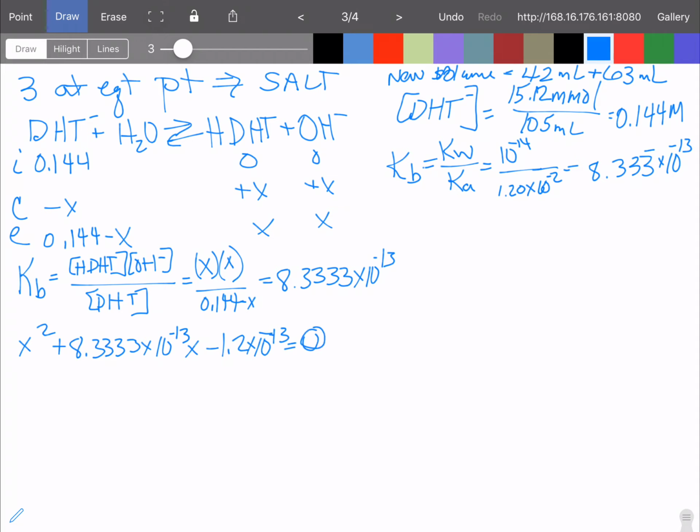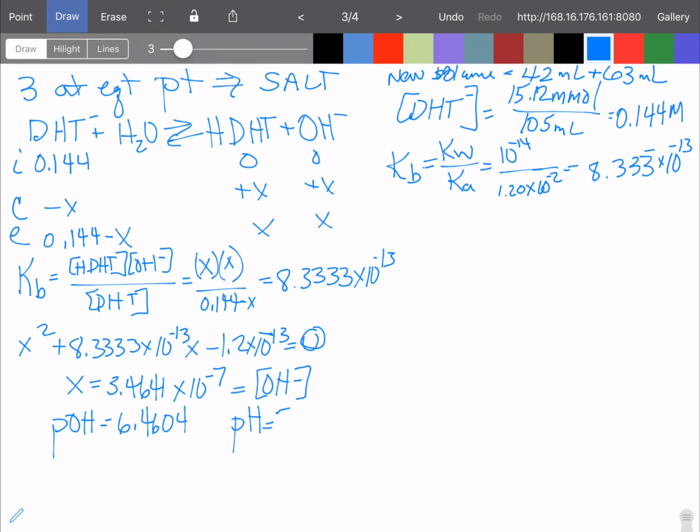We're going to plug it through our poly function. We find out that X is equal to 3.4641 times 10 to the minus 7th, which, remember, that's the hydroxide ion concentration. So my pOH is equal to 6.4604, which makes my pH equal to 7.53.